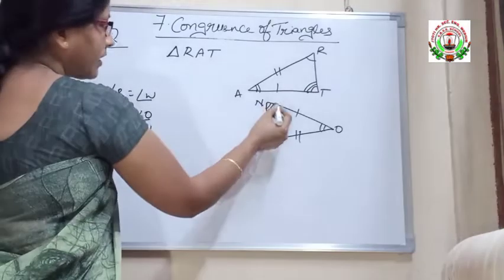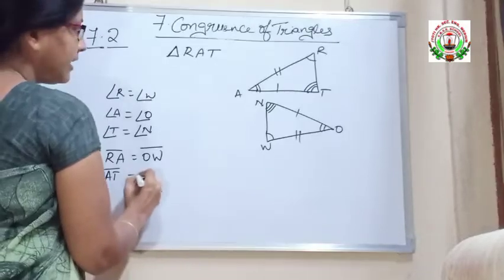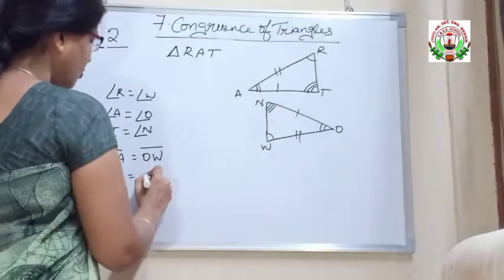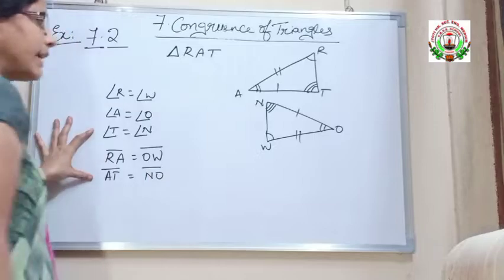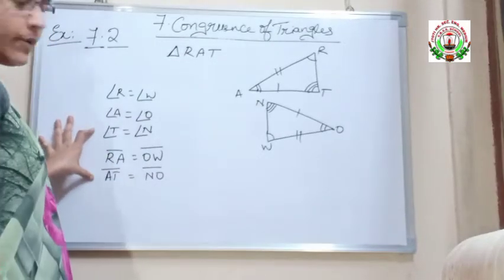Next, line segment AT is equal to line segment NO. These are the things which are equal here.